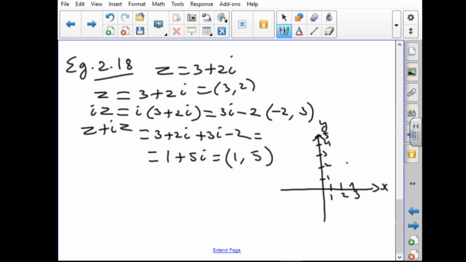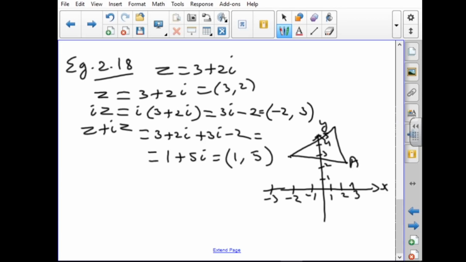Then (minus 2, 3): minus 1, minus 2, minus 3 and so on, so (minus 2, 3) will be here and (1, 5) will be somewhere here. So, we get a triangle like this.